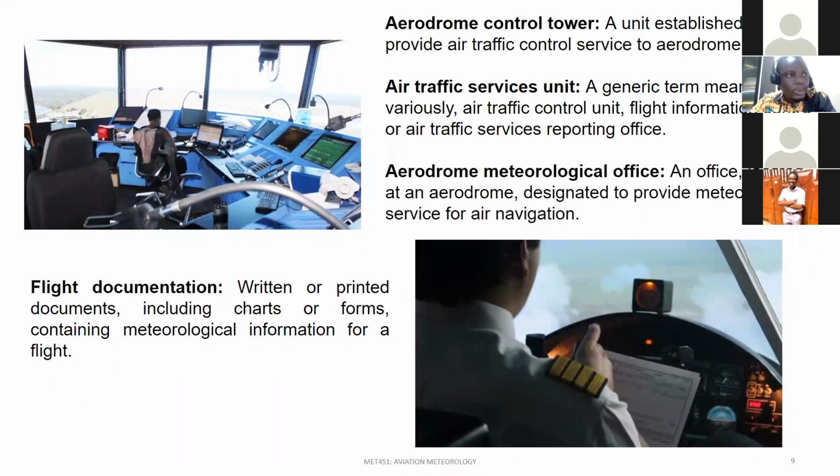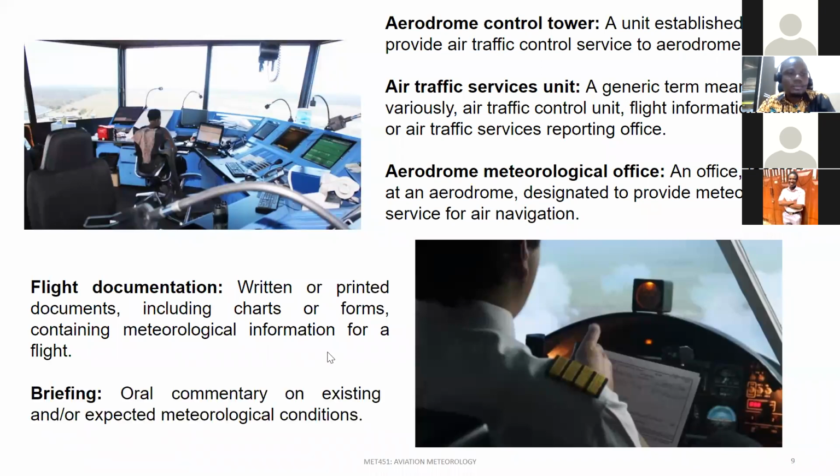Okay, so most of the time, we write the TAF, then send it to various airline stations. So for instance, we write the TAF for Accra, then Kumasi, then Tamale, and that of Wa.